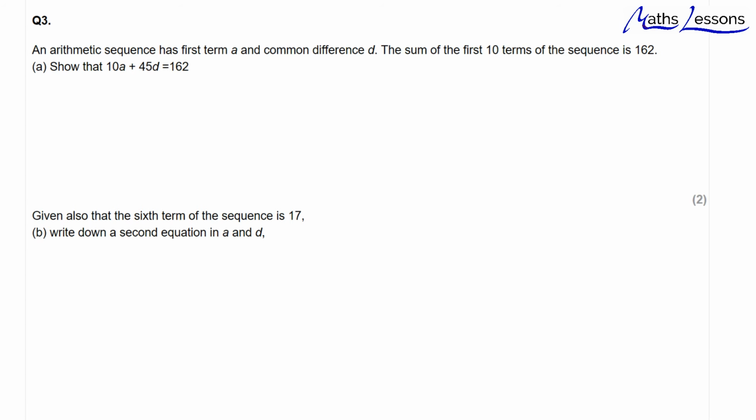So we've got an arithmetic sequence with first term a and common difference d. The sum of the first 10 terms of the sequence is 162. Show this. So we know that 162 will equal n over 2 times 2a plus n minus 1 lots of d.